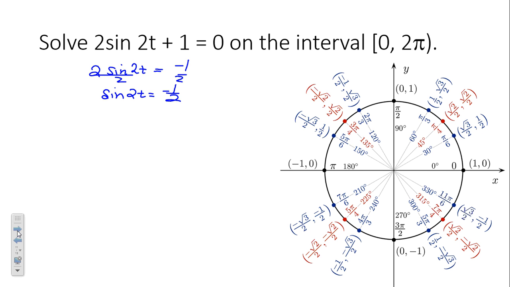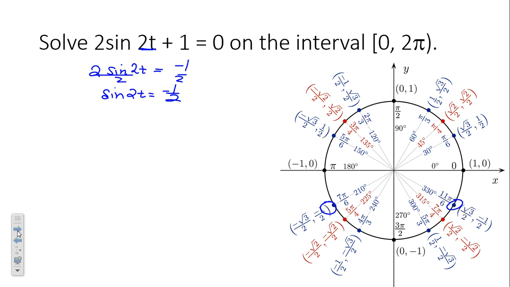So if the sine of 2t is -1/2, we're looking for y values on our unit circle that have a -1/2. This is the difference in this compared to everything else we've done. So where is the sine of -1/2? 7 pi over 6, right? Where else? 11 pi over 6, right?